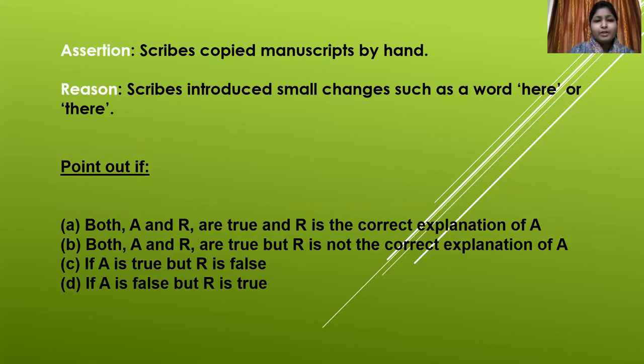We can see that the assertion is the same: scribes copied manuscripts by hand, and the reason stated is: scribes introduced small changes such as a word here and there.